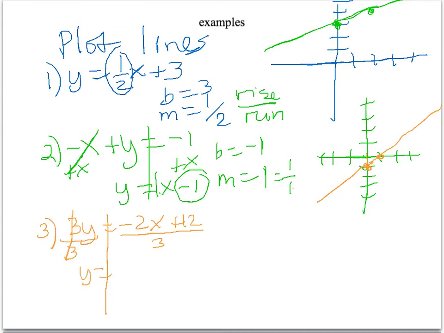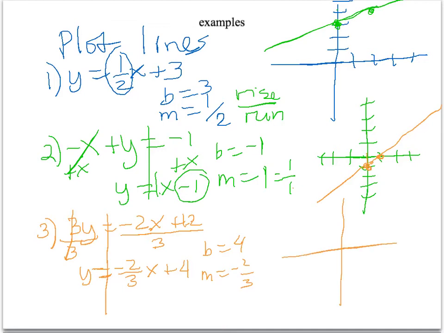Because I have 2 terms on top and 1 on the bottom, I can split this up, and I can say it's negative 2/3 x plus, what's 12 over 3? Well, 12 over 3 is the same as 4. Let's identify our y-intercept, which is 4. Our slope is negative 2/3.